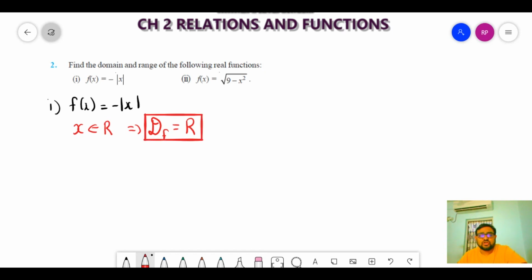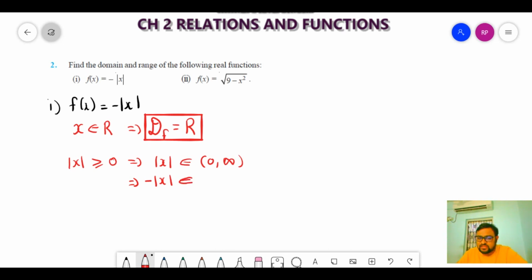Now, you also have to find out the range, right? So now see here, modulus of x will always be greater than or equal to 0. So what does that imply? Modulus of x belongs to 0 to infinity, because it will have only a positive value. But now putting a minus sign ahead of the modulus of x, that means your answer will be negative, unless it is 0.